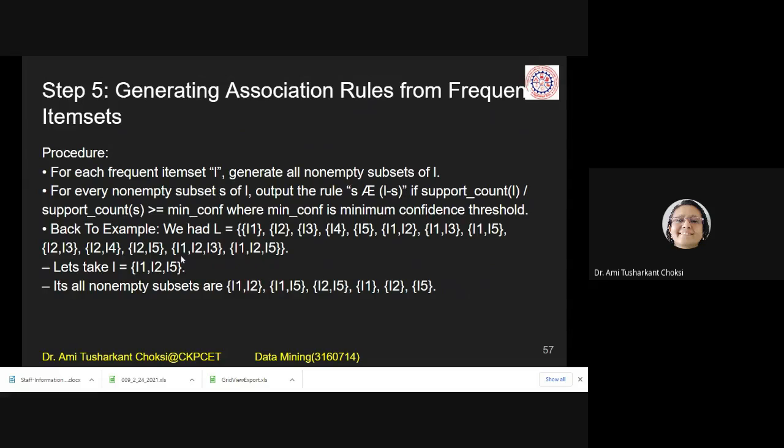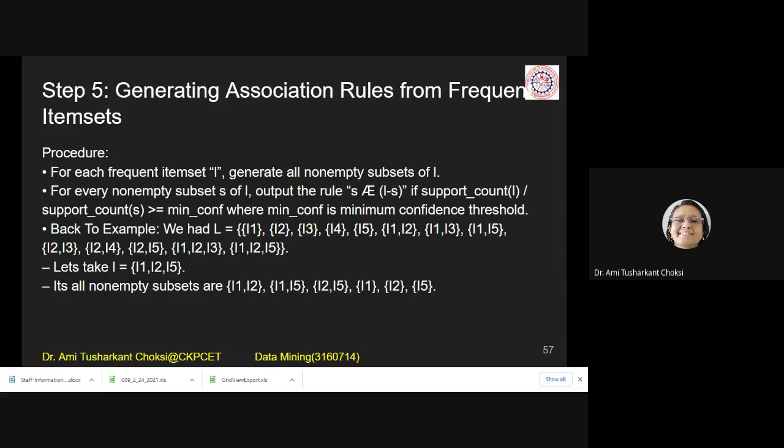And L3 has I1, I2, I3 and I1, I2, I5. All put together is our final L. Now, whatever is the highest, that is the three item sets, the last one, let us consider that and derive the rules from it.